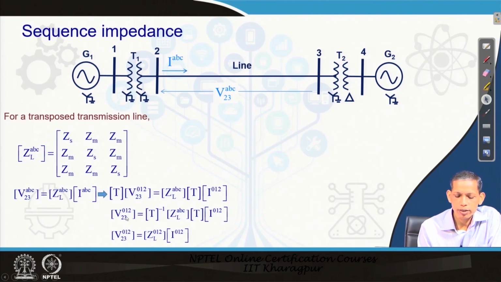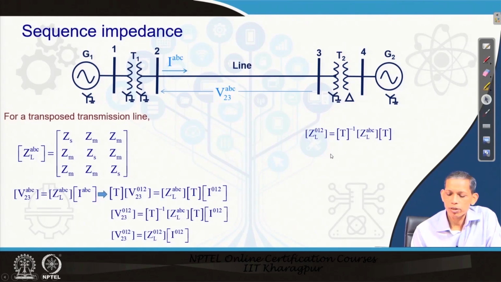Therefore, V 0,1,2 can be expressed as T inverse Z ABC T into I 0,1,2, and so V 0,1,2 is Z 0,1,2 into I 0,1,2, where Z 0,1,2 is nothing but T inverse Z ABC into T.